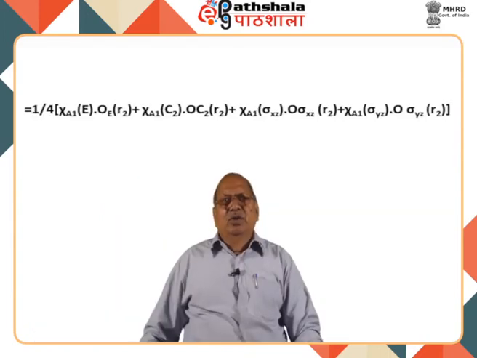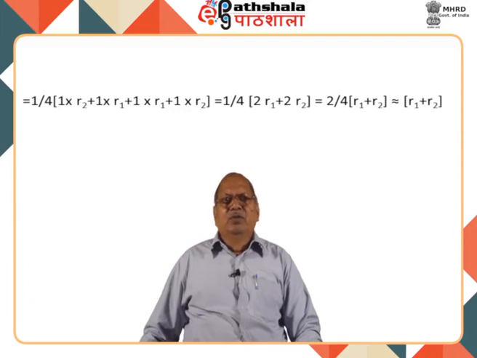The result for R2 is 1 by 4 chi A1 E OE operated on R2, chi A1 C2 OC2 operated on R2, chi A1 sigma XZ O sigma XZ operated on R2, chi A1 sigma YZ O sigma YZ operated on R2, and the result is 1 by 4 times 1 into R2 plus 1 into R1 plus 1 into R1 plus 1 into R2. That is, the net result is 1 by 4 times 2 R1 plus 2 R2, or 2 by 4 times R1 plus R2, or R1 plus R2.